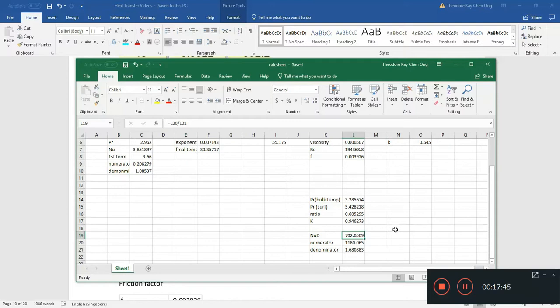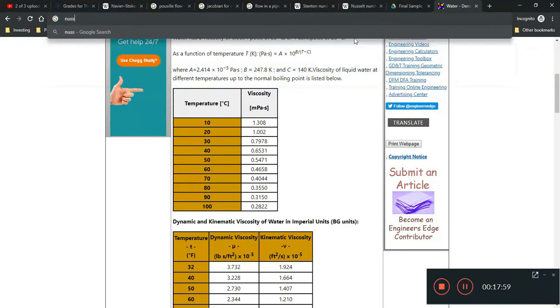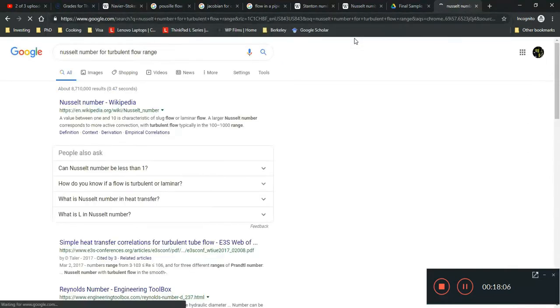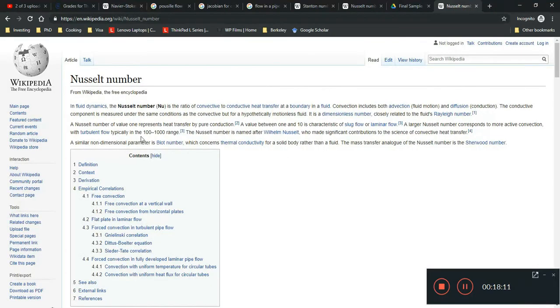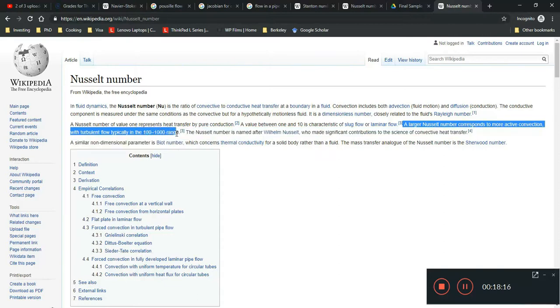So, sanity check for us. Can Nusselt numbers really go that big? Let's take a look at the Nusselt number for the turbulent flow range. Wikipedia says a larger Nusselt number corresponds to more active convection, with turbulent flow typically in the 100 to 1000 range.